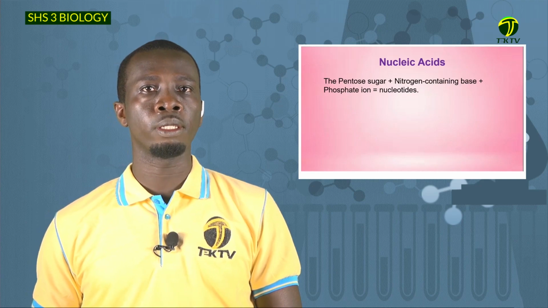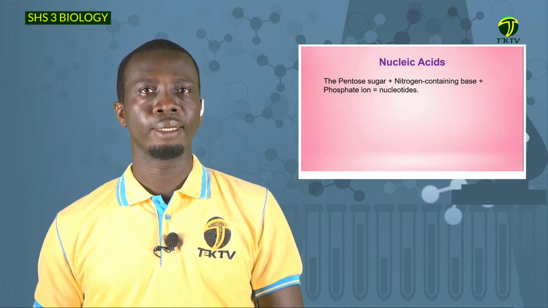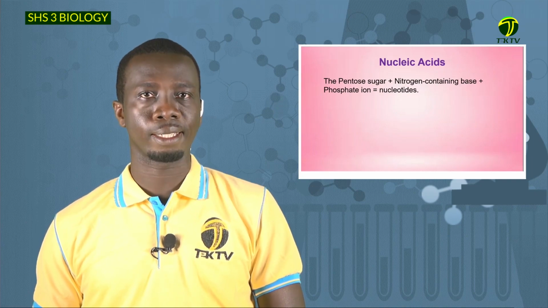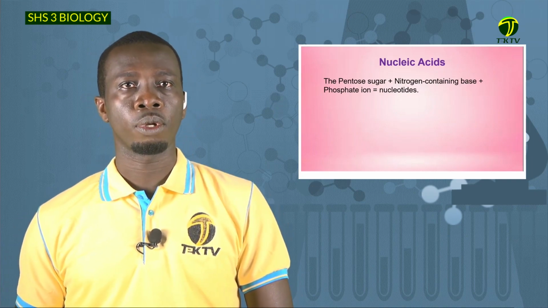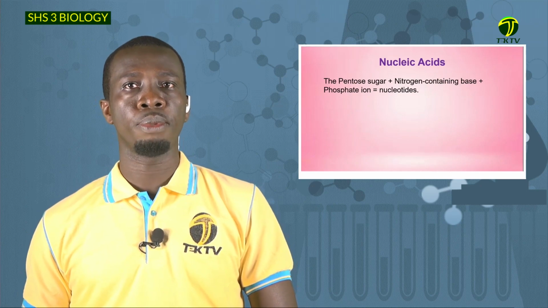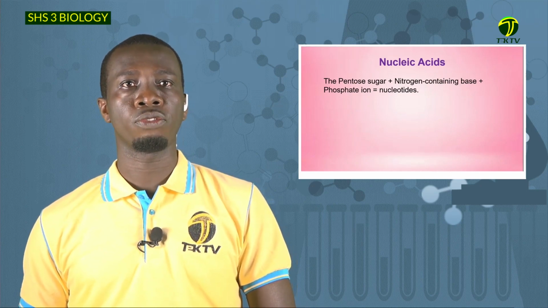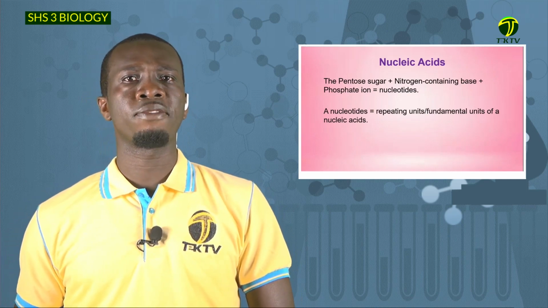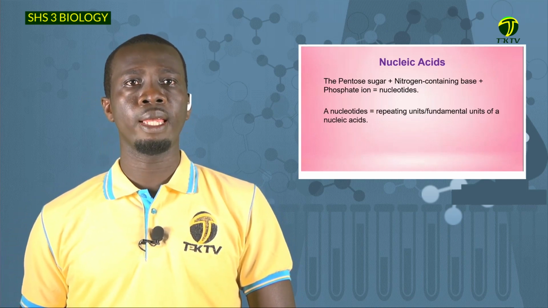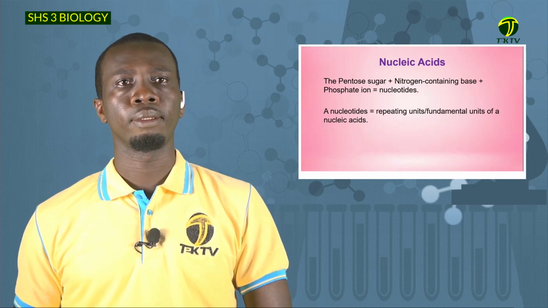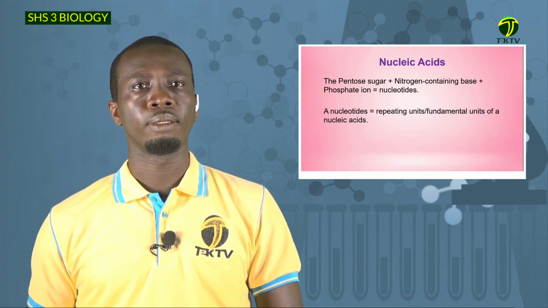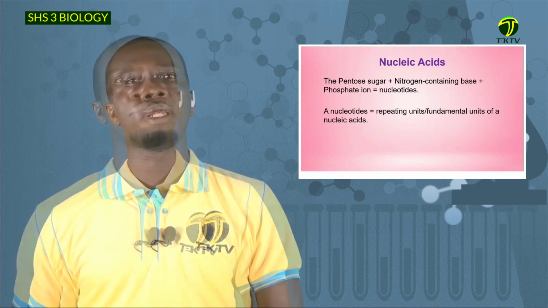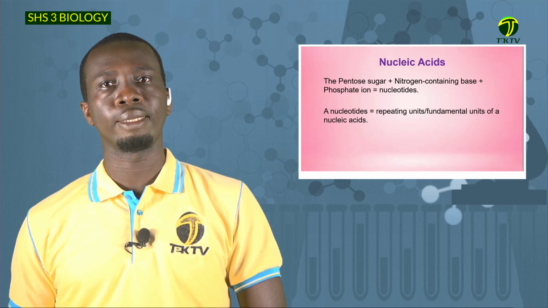So the chains that make up the nucleic acid are called nucleotides, consisting of the sugar, the nitrogen base, and the phosphate ion. So we can say the functional unit, or the repeating unit, of a nucleic acid is a nucleotide.